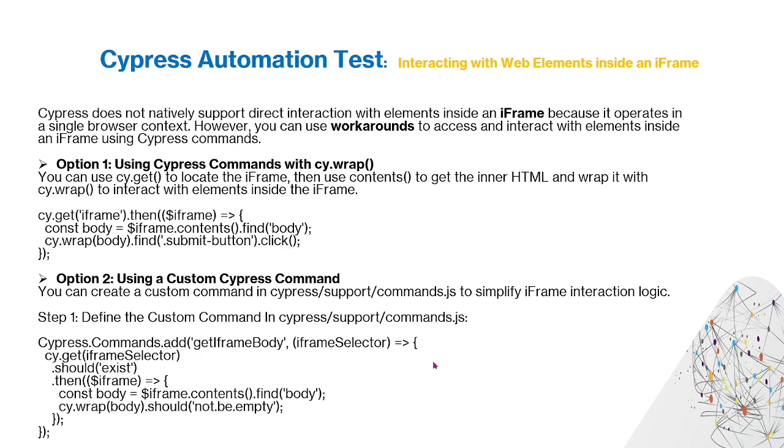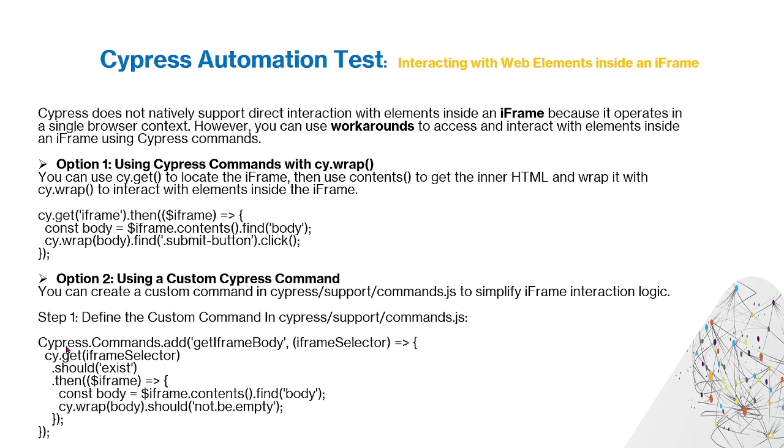Option 2. Use a custom Cypress command. You can create a custom command in cypress/support/commands.js to simplify iframe interaction logic. Define the first step: define the custom command in cypress/support/commands.js.